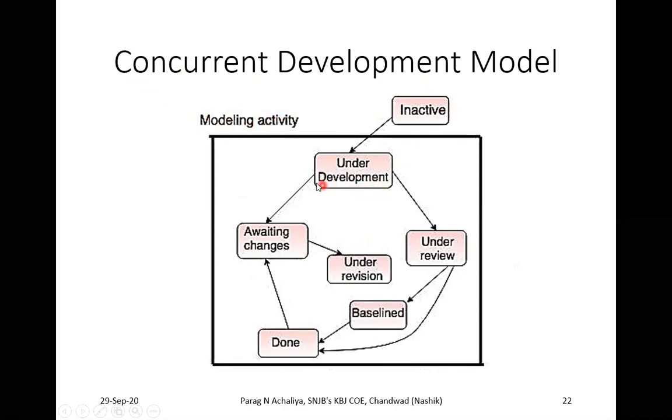So when your model is under development, it will be under review, or we are waiting for the changes. When it is under review, what will happen? It will be set for some baseline, or if the review is completed, the changes will be done and the actual revised model will be constructed.